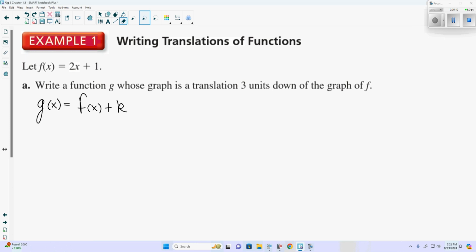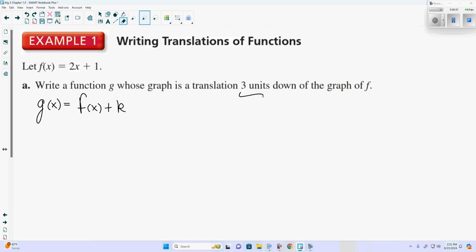Could we use different things besides f of x? Well, yes. It's just what function are we applying it to? In this case, we're applying it to f of x. If we were applying a vertical translation up or down to, say, z of x, it would be z of x plus k. It's just telling us which function we are applying it to. Normally, we apply it to just f of x. That's just standard form here.